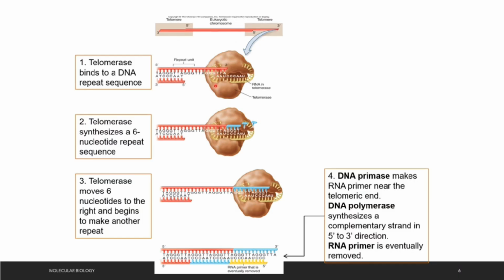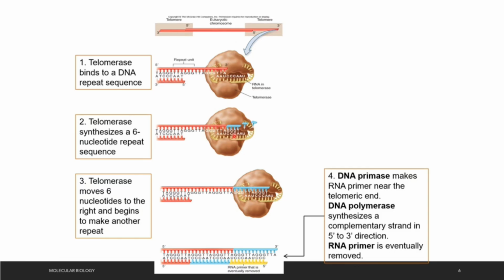After the binding, the telomerase then goes ahead to synthesize the repeated sequence at the end of the chromosome. So in a sense, it's acting in a very similar way as a DNA polymerase, but now it's using a piece of RNA as a template. So in other words, it's doing some sort of a reverse transcription.